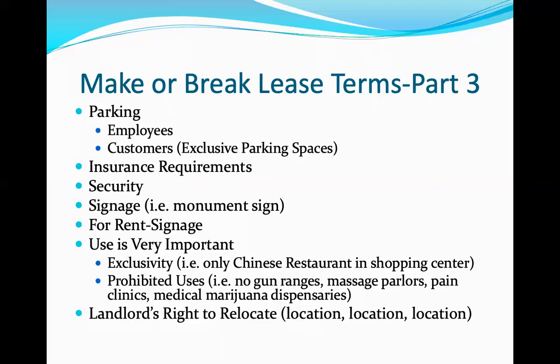So you don't want to give exclusivity unless there's a premium within the rent. You may want to consider it, as a landlord, because you want to have a vibrant tenant mix, especially in a retail setting where there are walk-up tenants.